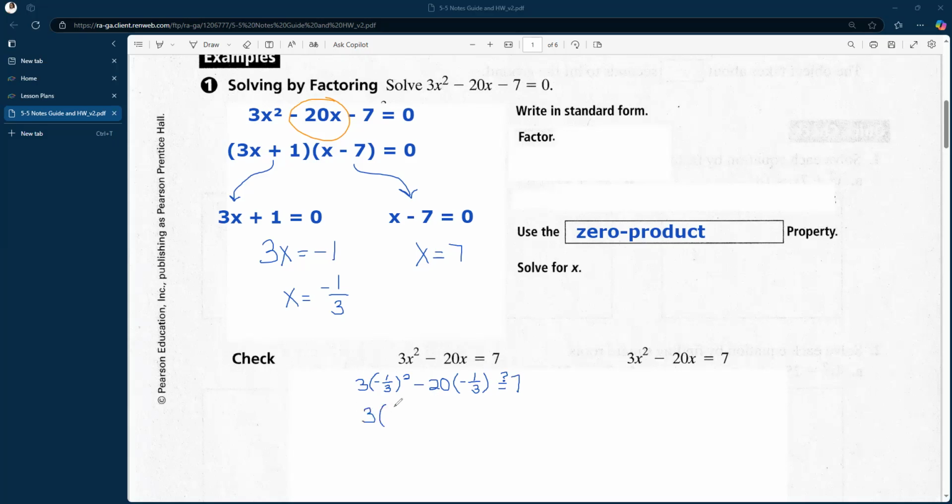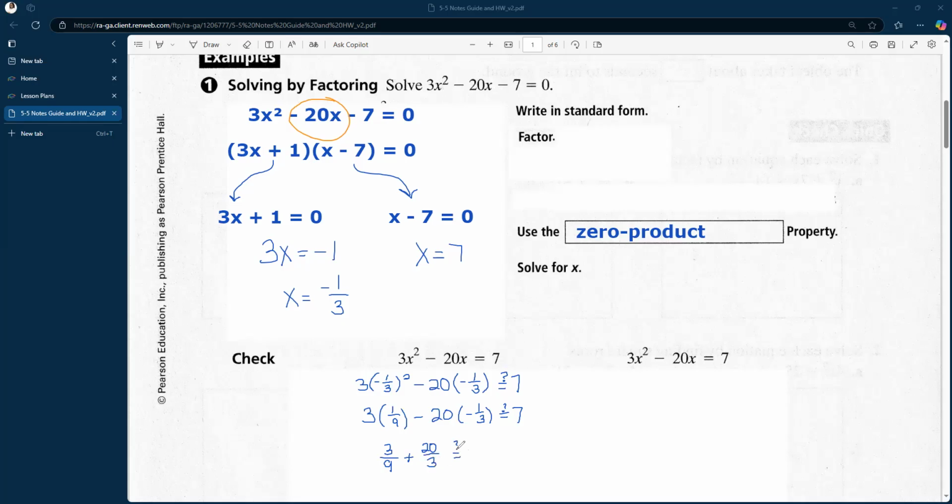When I square it, I get 1 over 9. And then when I multiply both of these out, I'm going to get 3 over 9 minus negative, so plus 20 over 3.